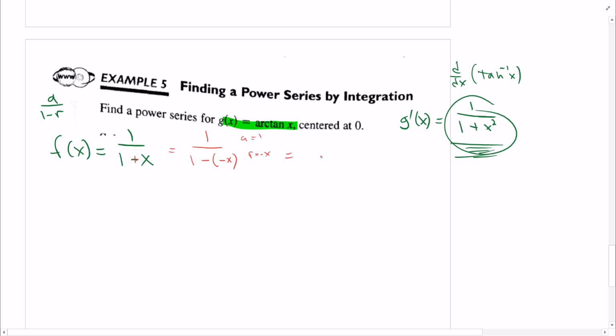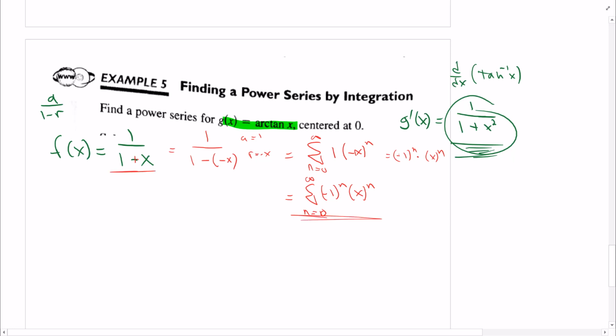So this is going to give us the infinite series, the infinite power geometric series, of 1 times negative x to the n, which can also be written as negative 1 to the n times x to the n. So we're showing that this is equal to this guy.